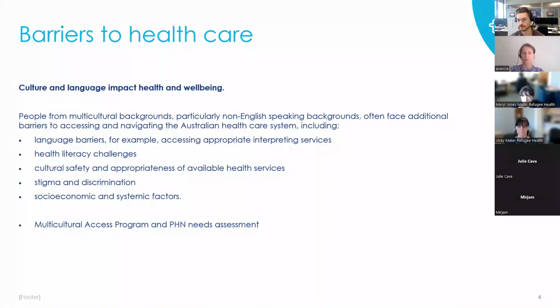So examples would include things like not having a permanent visa and not being able to access certain health services in Australia. I also wanted to flag here the fact that all PHNs have access to the Multicultural Access Program now, and a large majority of the PHNs are also doing a needs assessment in the multicultural health space for their region.